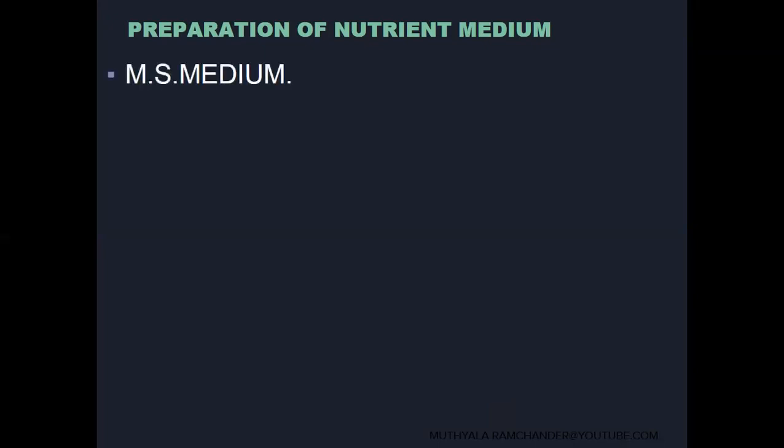Generally, in tissue culture, different types of artificial nutrient mediums are available in the market. From these, the major nutrient medium is MS medium. MS medium means Murashige-Skoog medium. Murashige-Skoog synthetic medium is available in all botanical laboratory markets.